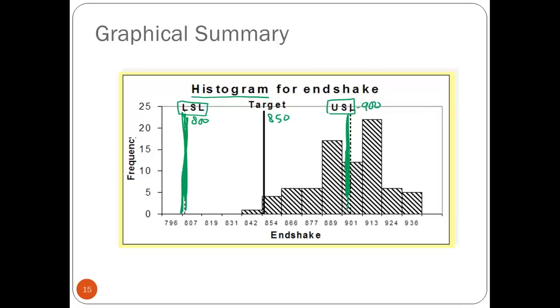Whereas with the upper specification limit, if something is beyond that, you may still salvage those components by doing some rework. So it is less expensive if the items are beyond this, and it is more expensive if items are below the lower specification limit.